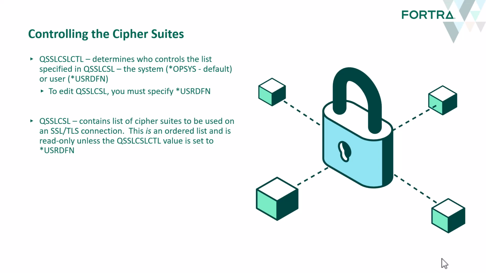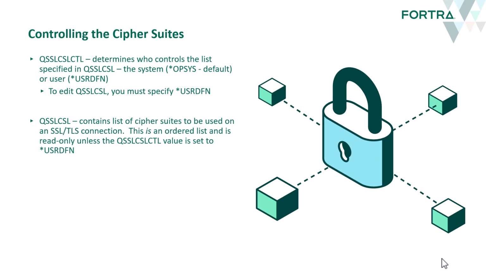And that cipher list and the order that you have those ciphers in is important. That cipher list will determine what order those ciphers are evaluated in to make that communication complete and have the transmission encrypted using the strongest algorithm.